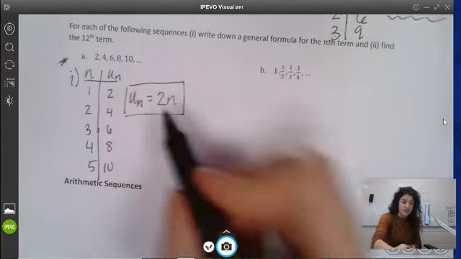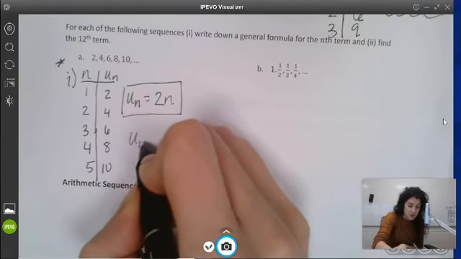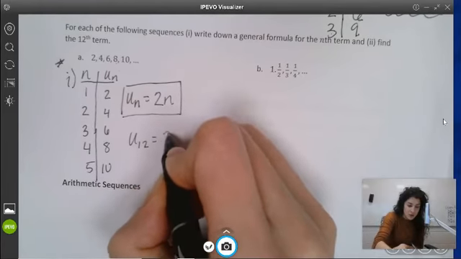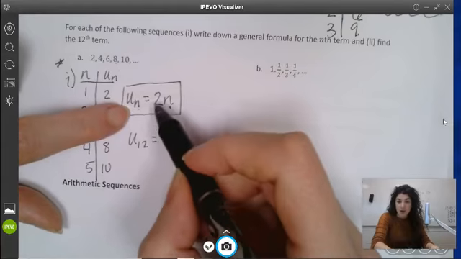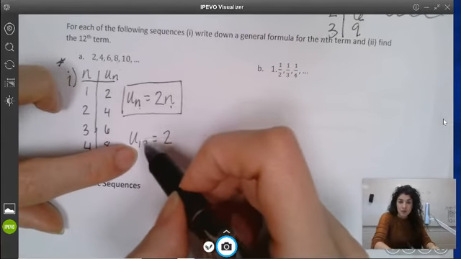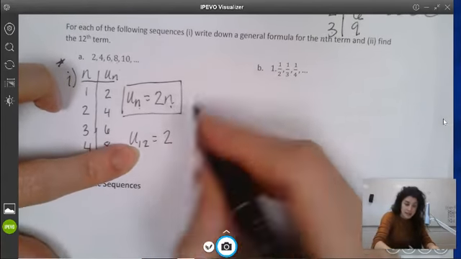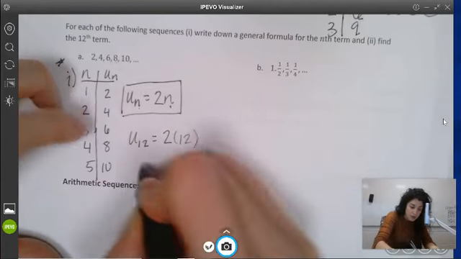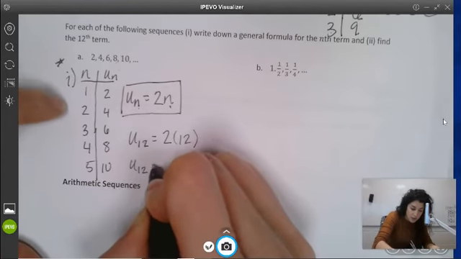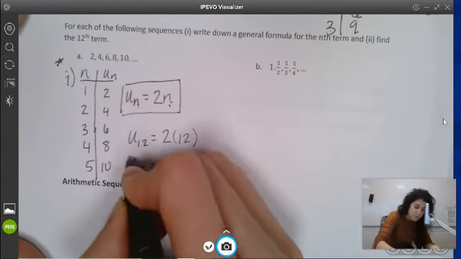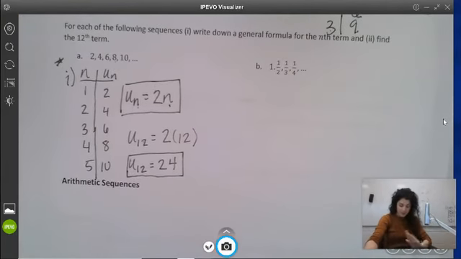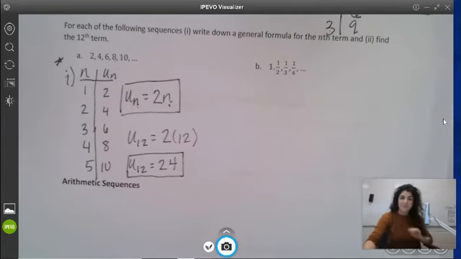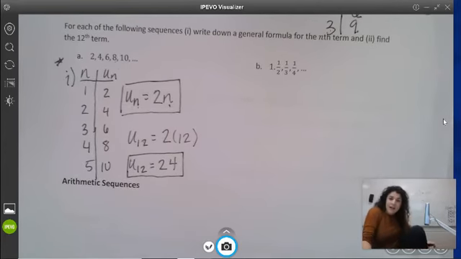The fifth term is 10, so then the 12th term would just be 2n, and n here, these guys are connected. They are the same, which means I would do u sub 12. Well, 12 is n, so 2 times 12. U sub 12 is 24. If it doesn't make sense yet, that is totally fine. We'll get there. The next one.